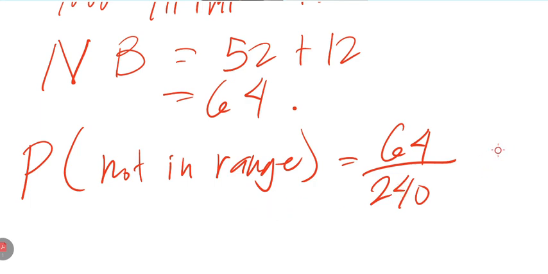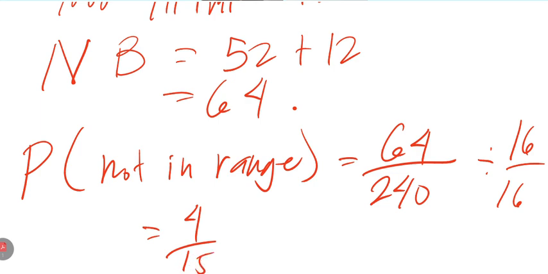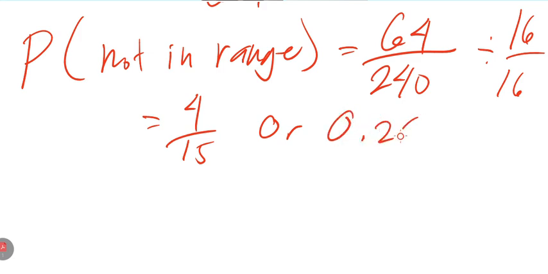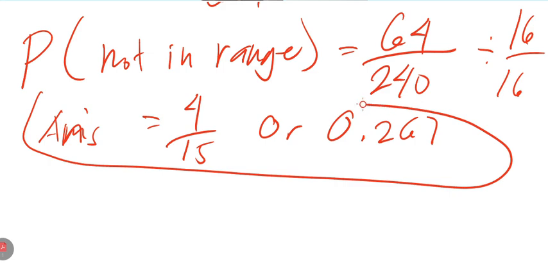To simplify, we divide by 16 again, which gives roughly 4 out of 15. Okay, so that's our answer here, or the decimal value is about 0.267. Those are the answers for the second one. All right, now moving on to the next one.